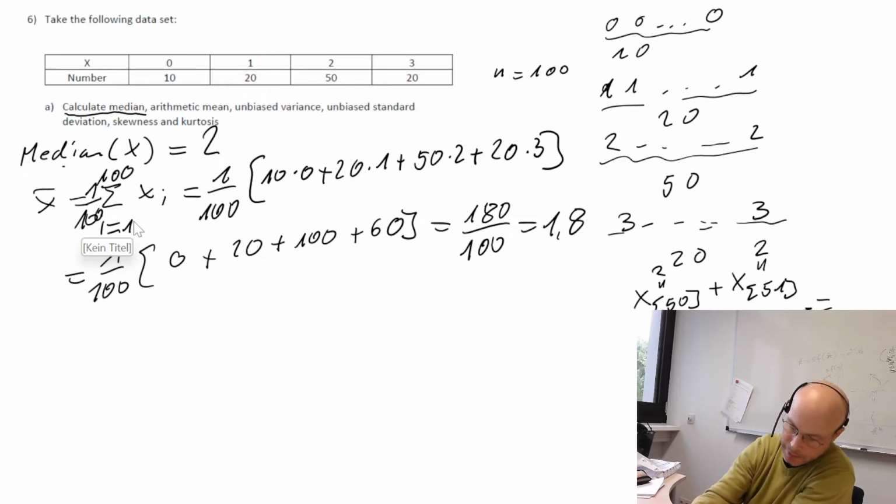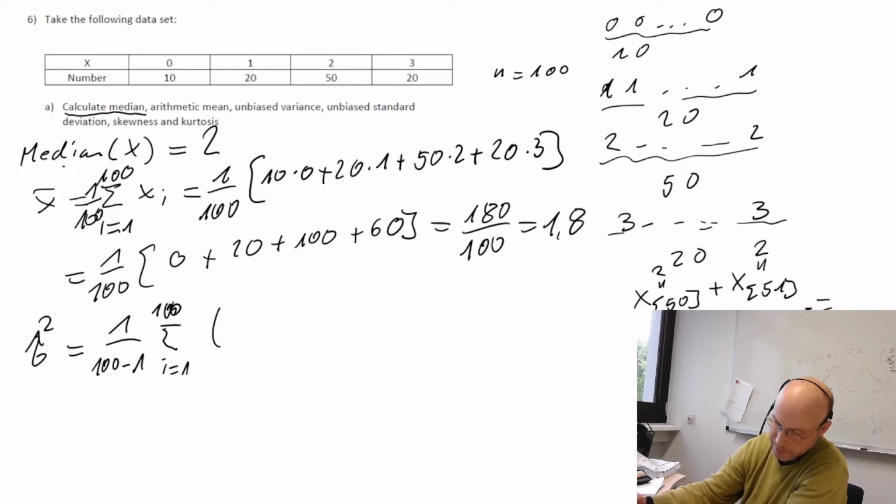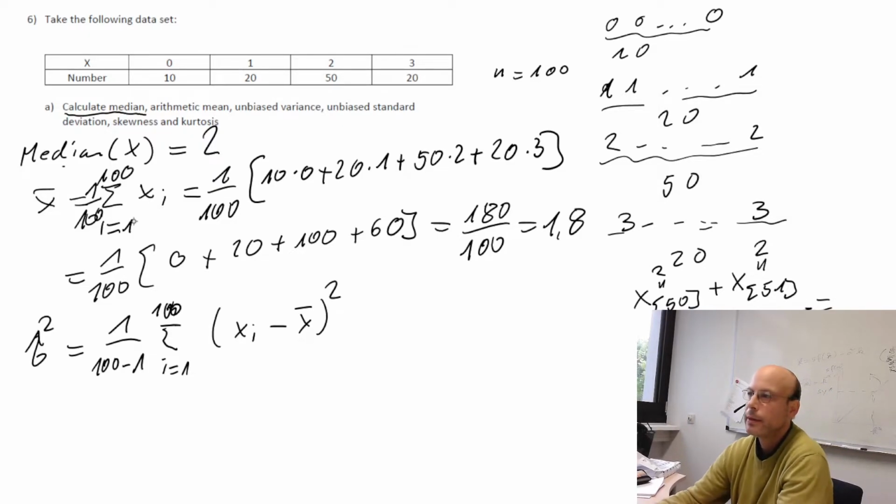Unbiased variance was sigma hat squared 1 over 100 minus 1 sum over i from 1 to 100 of xi minus x bar squared.